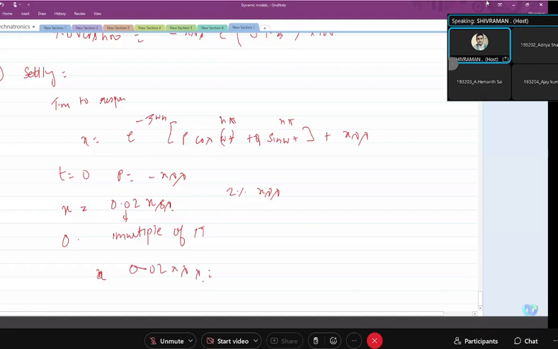So accordingly you will get p times the expression, and this particular value is representing your settling time.